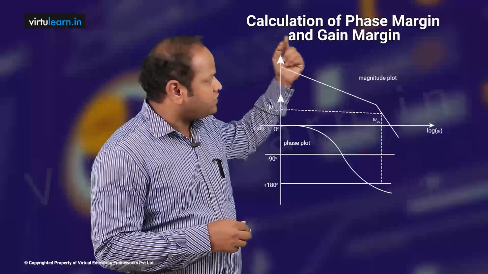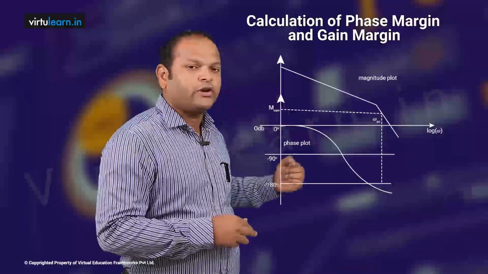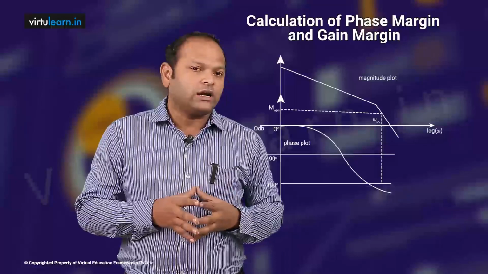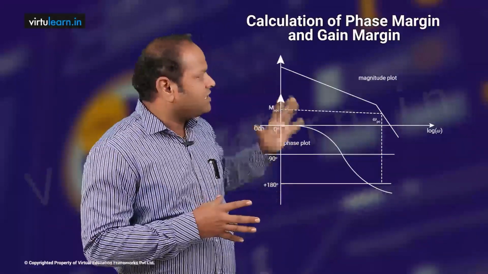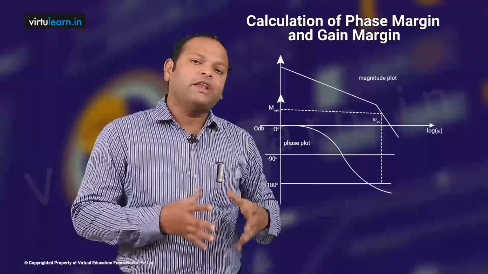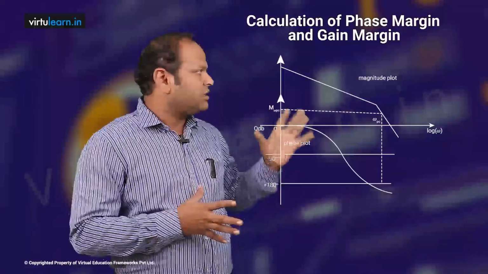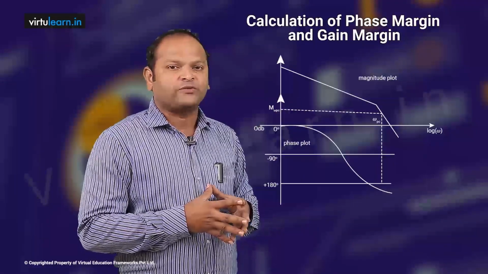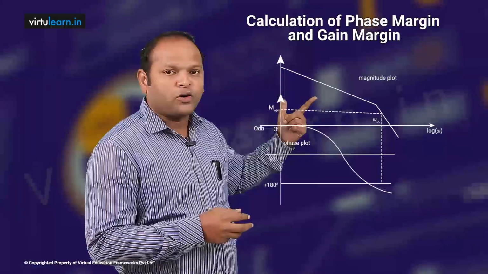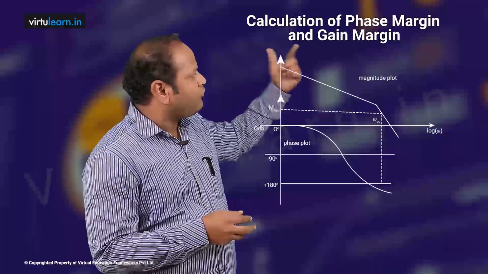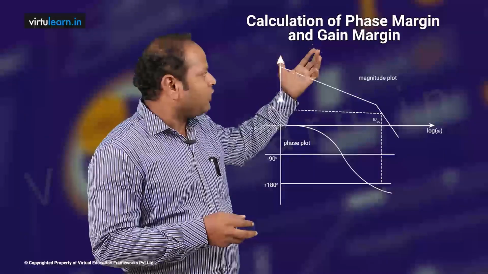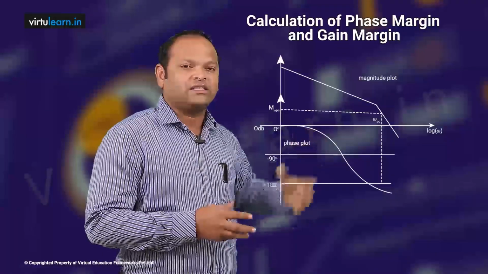If the gain margin is negative, the phase margin is also negative, because the bode plot is generally plotted for a minimum phase open loop transfer function. In that case, you get either both positive or both negative. If you are unable to calculate one, we can look at the other one to find the stability.